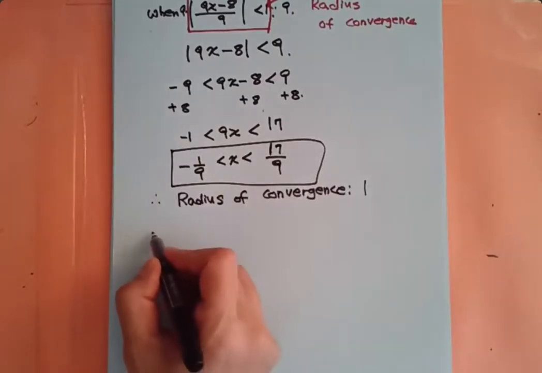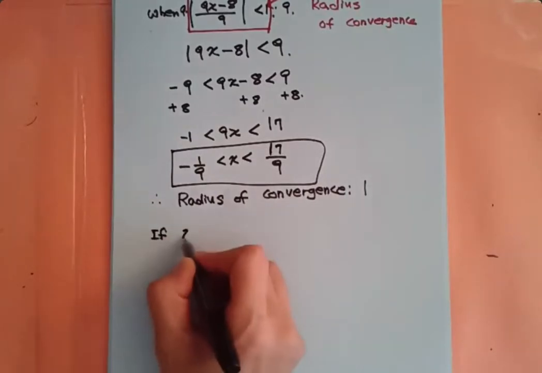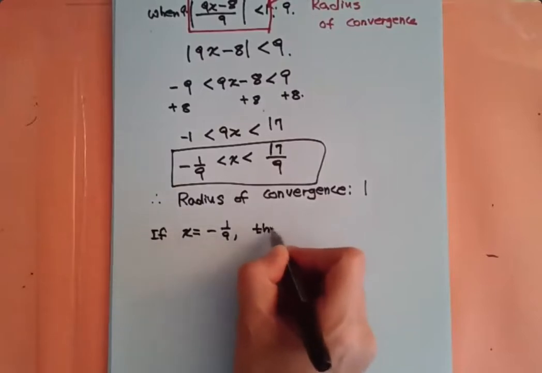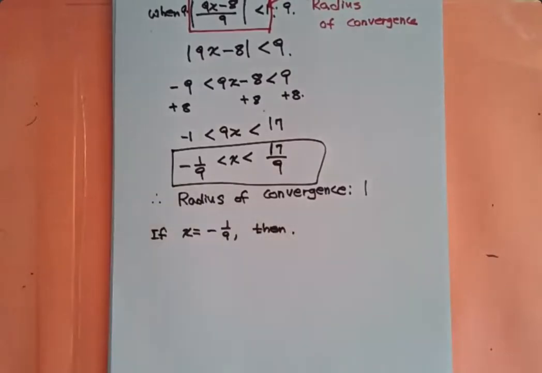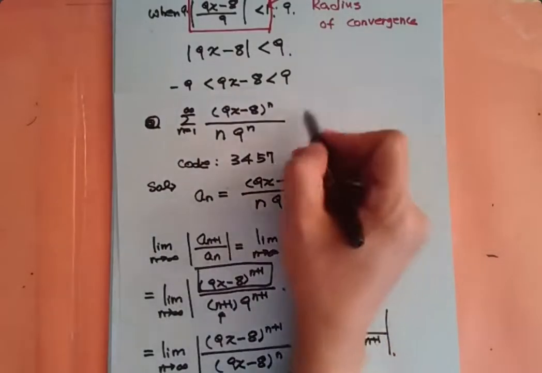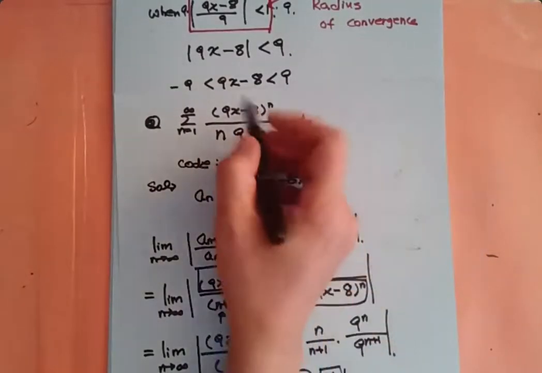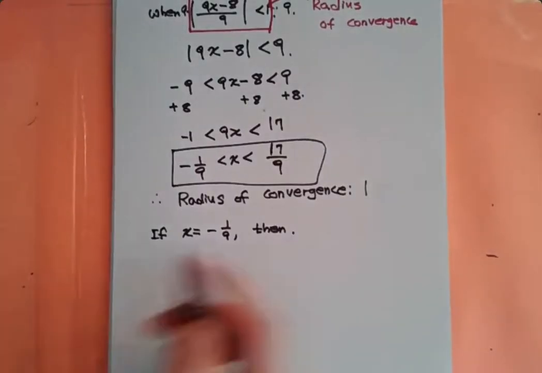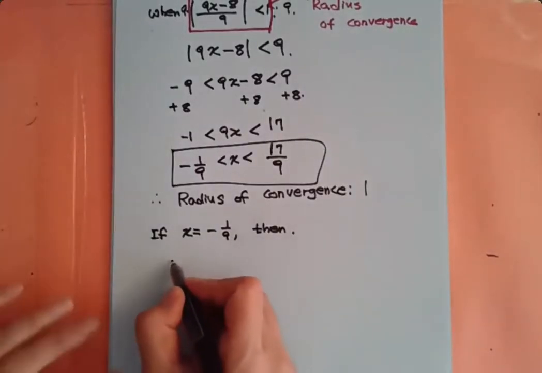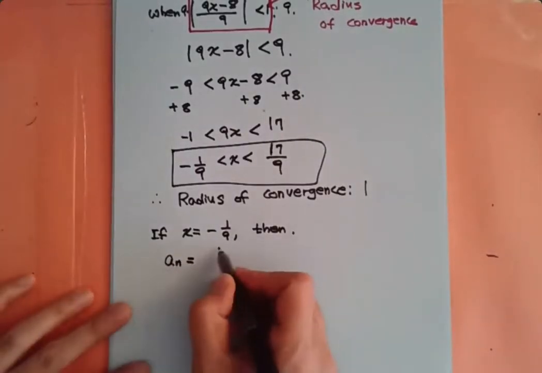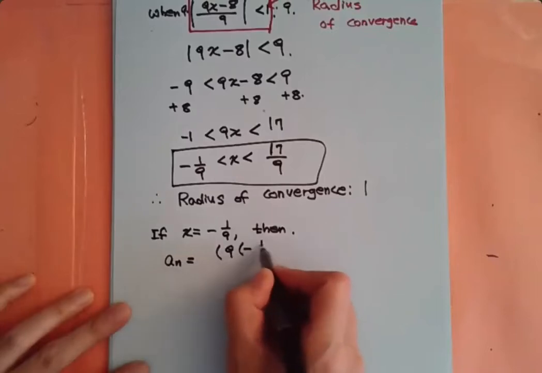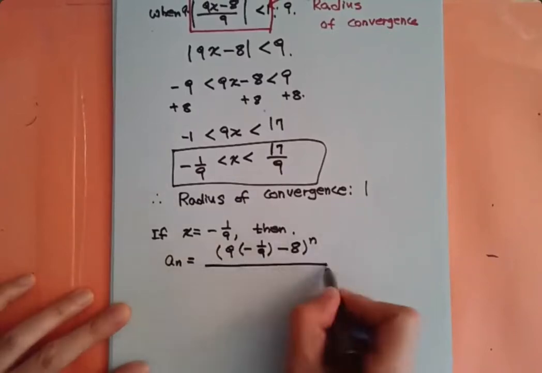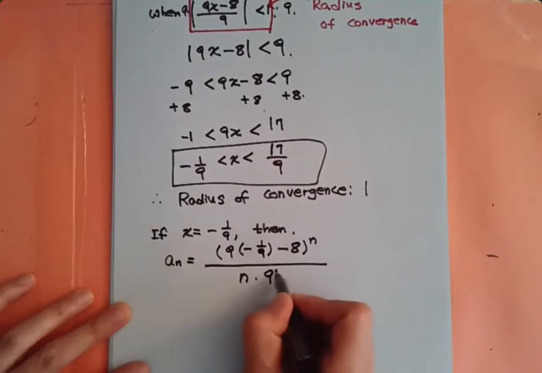So if x equals -1/9, then we go back to this one and we plug in -1/9 here. And we get an equals (9 times -1/9 minus 8) to the n power over n times 9 to the n power.